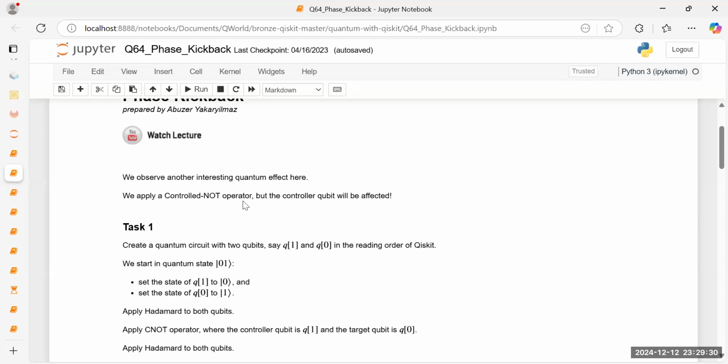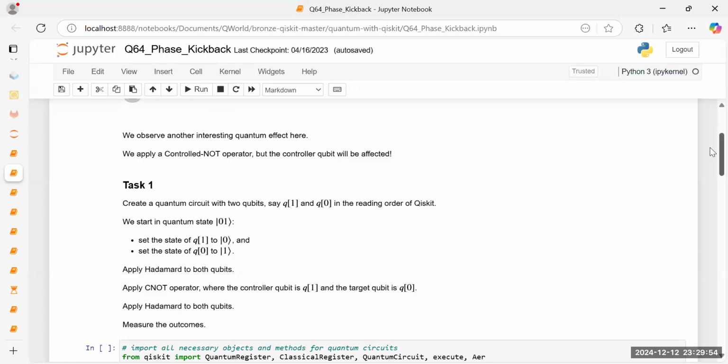And when we do this, it's the control qubit that is affected, not the target. So with phase kickback here, we have an interesting quantum effect whereby we apply the control not operator and the control qubit gets affected instead of the target. So let's see how to accomplish this.